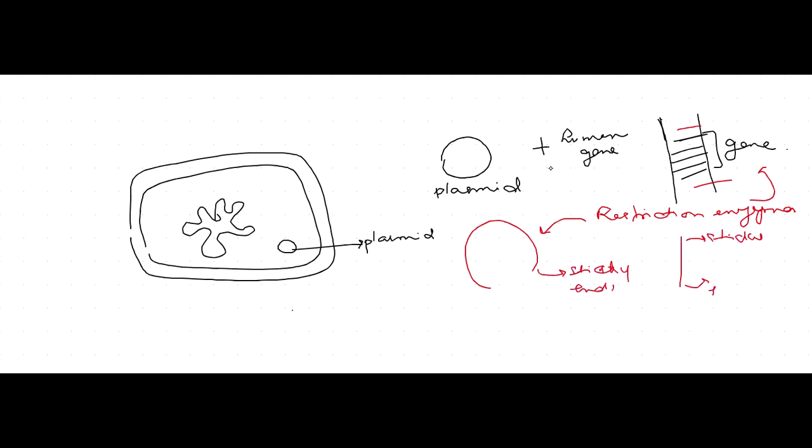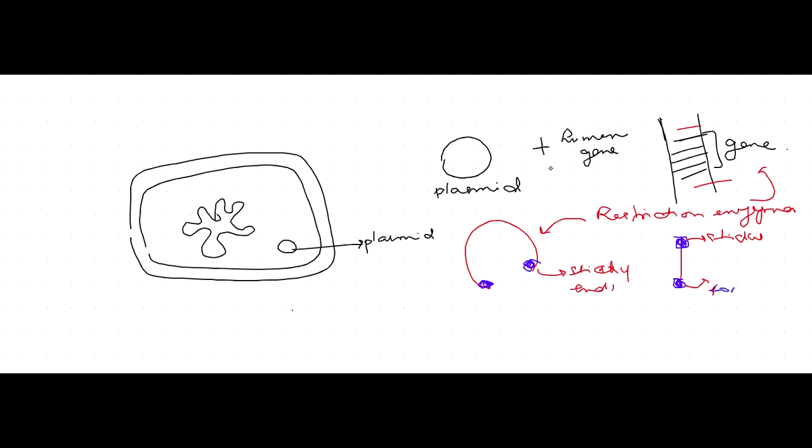These sticky ends are basically just the cut region. So wherever I cut my plasmid and my gene, the ends that will be present are known as sticky ends. Now, the sticky ends of the insulin gene are complementary to the sticky ends of the plasmid. Okay? These are complementary.